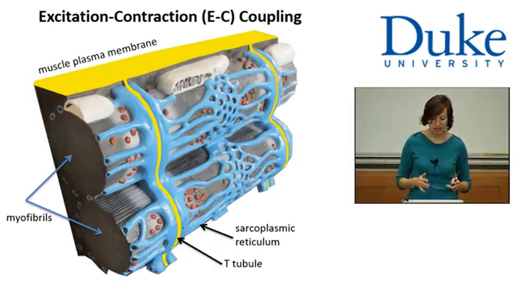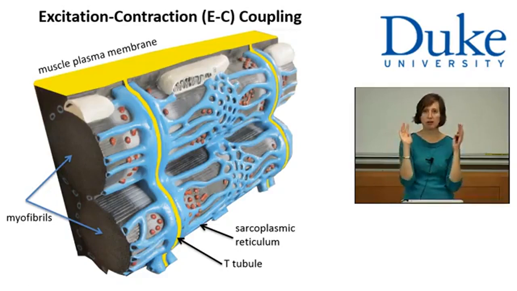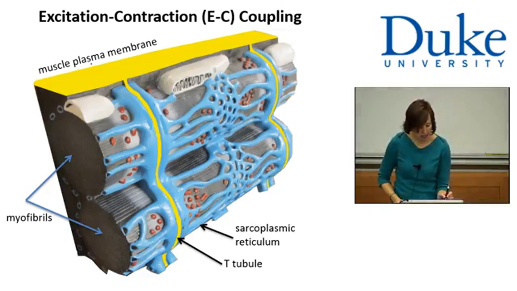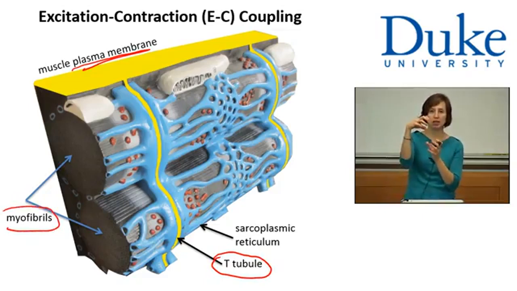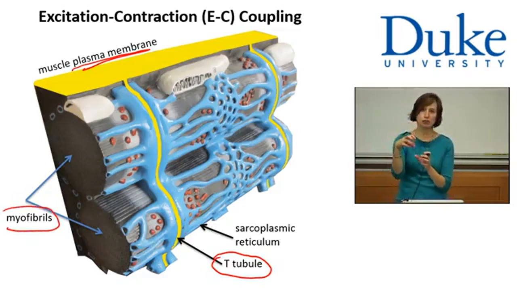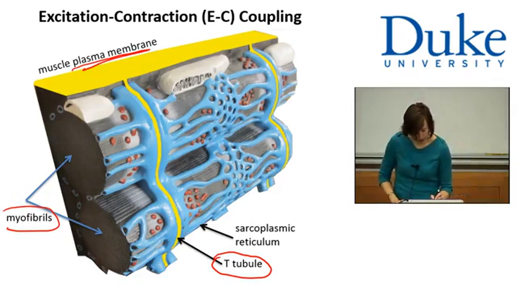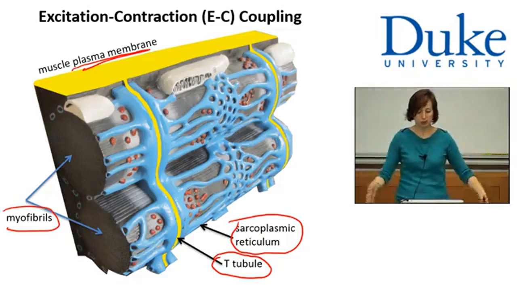So this diagram is showing you just a small portion of a skeletal muscle cell where we have the plasma membrane in yellow as well as the T-tubules shown in yellow, and then we're seeing just two myofibrils that are sitting right underneath the muscle plasma membrane. And then we have in blue the sarcoplasmic reticulum that is running between the two T-tubules.